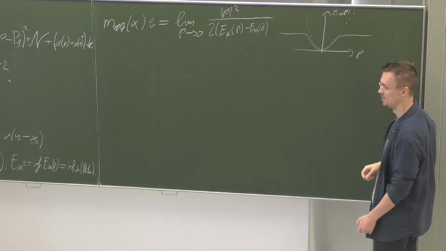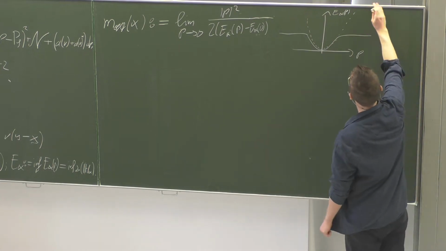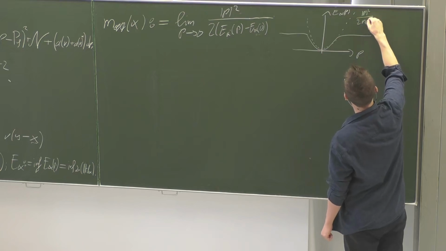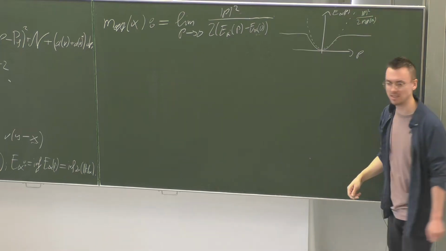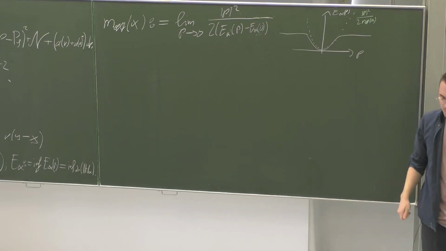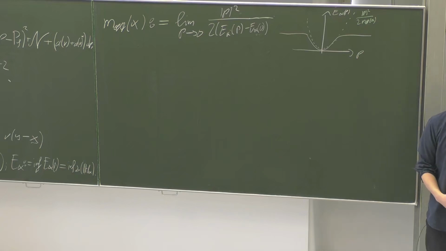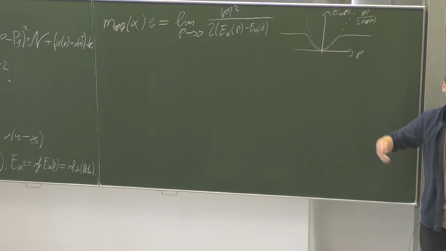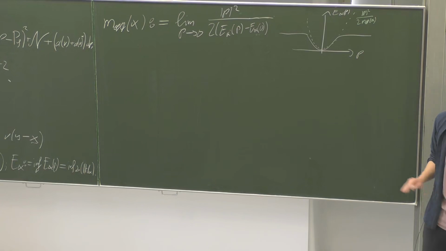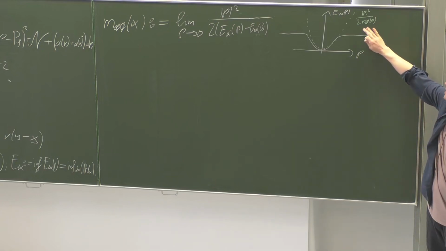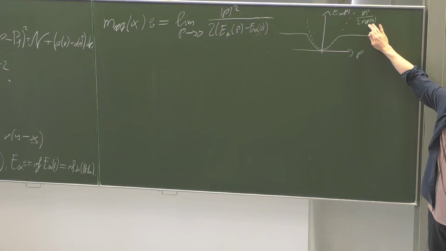Okay, this was not very well drawn, but this function should be p squared divided by 2 times the effective mass at alpha. So in some sense, we choose this effective mass such that we have an optimal approximation of the true ground state energy by a quadratic function, nothing more than this. We try to approximate the ground state energy function by the graph of a non-interacting particle with an increased mass.